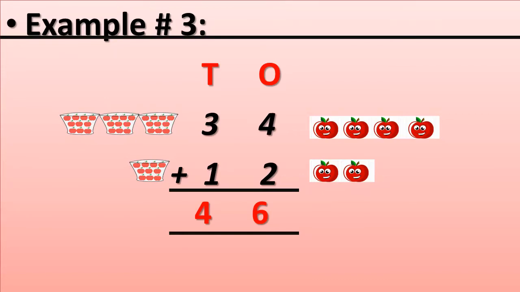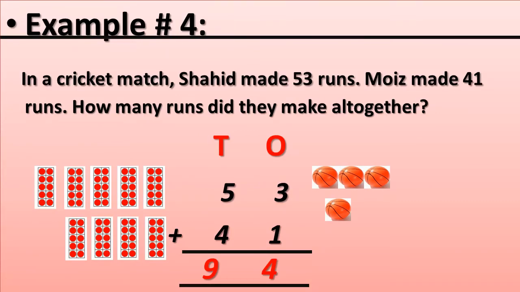So students, here we have some more examples and we have to solve them too. Here we have, in a cricket match, Shahid made 53 runs. Moise made 41 runs. How many runs did they make altogether?